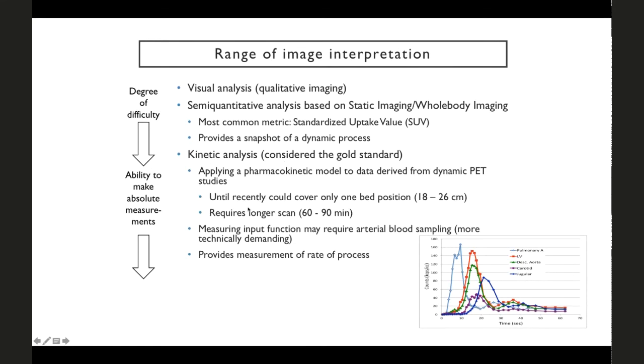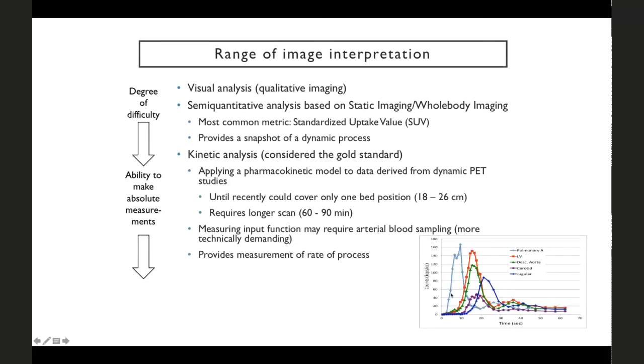It also requires that you do a longer scan, and you also need to be able to do some sort of analysis of the input function as you inject this bolus of activity. And if you can't get something in the field of view that will give you the information from the image, then you're going to have to do arterial blood sampling, which is much more technically demanding.